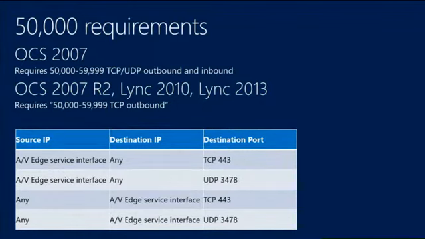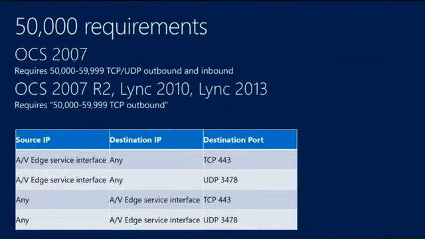All you're going to do is, for the AV Edge server interface as source, any destination IP address in the internet should be allowed on TCP 443, that's the destination port, and the same for UDP on 3478. Incoming, we accept from any to the AV Edge server TCP 443 and UDP 3478.